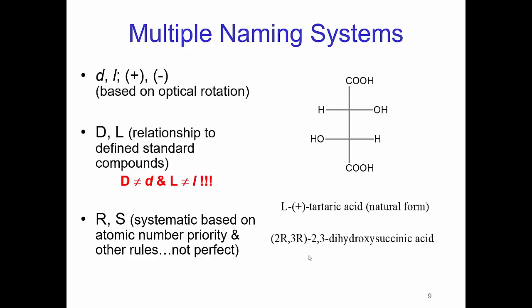Now, when we're talking about chirality and naming what we call chiral centers in a molecule, which is nothing more than an atom that has four different things attached to it, when we have that, we have what we call a chiral center. Now, most of the time, we're talking about carbons as chiral centers, but we can have other atoms.